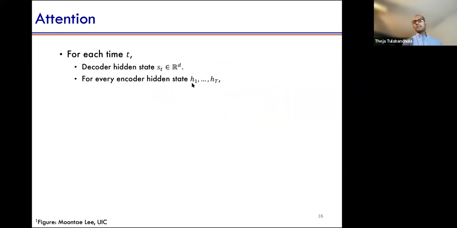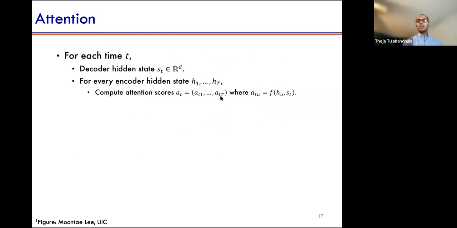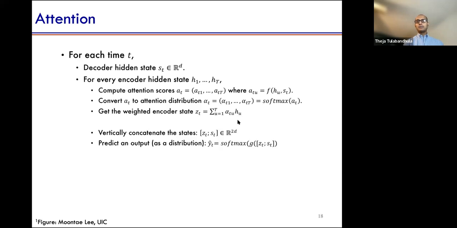Then for every hidden state on the input side, you compute attention scores, taking each encoder hidden state and the current decoder hidden state and producing scores. Normalize them by applying softmax to get the alphas at this step, then use the alphas to get the weighted average of the encoder hidden states, which is Z_t.